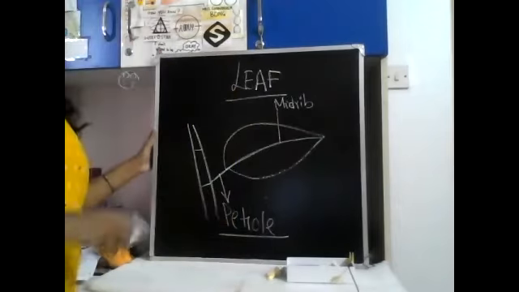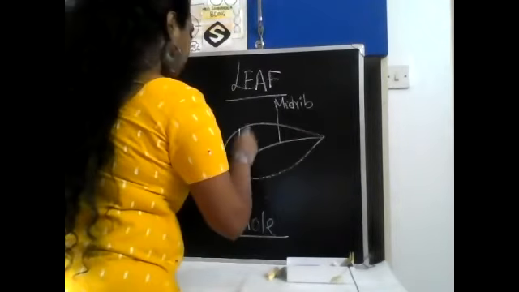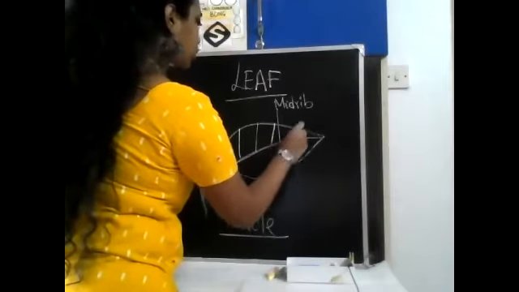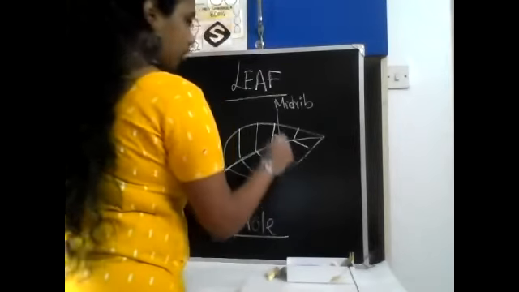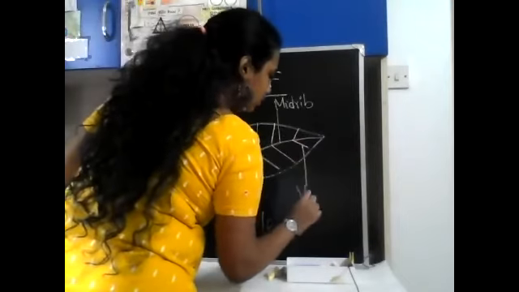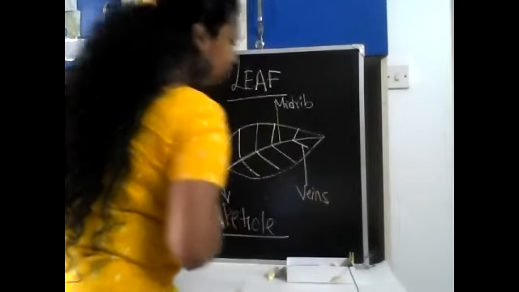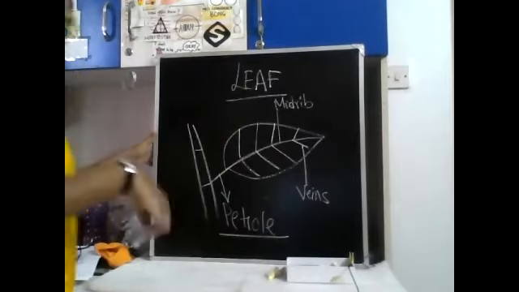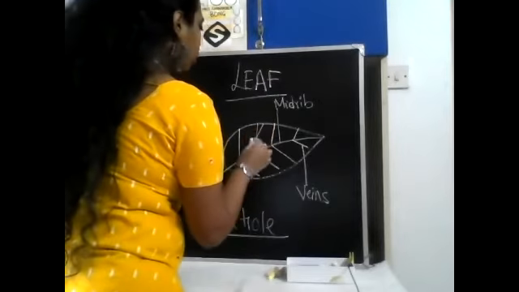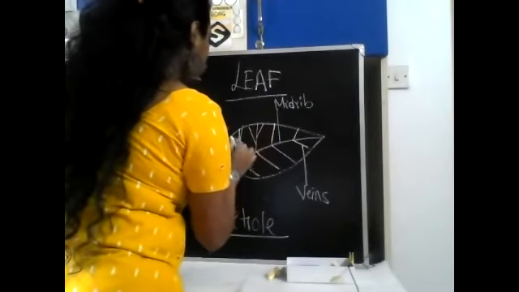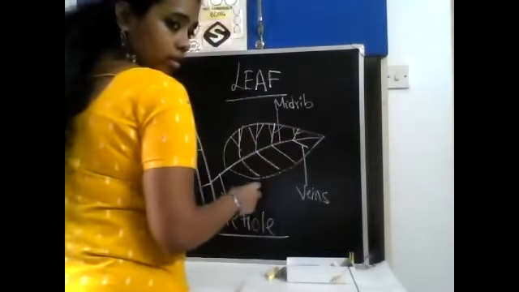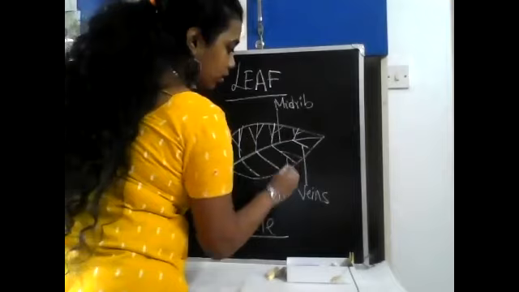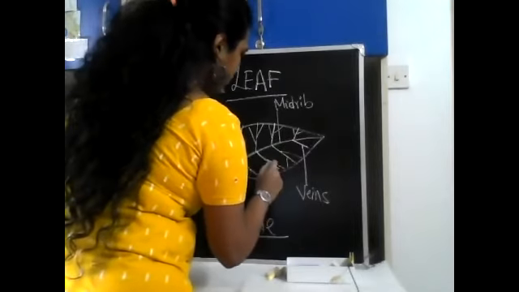This midrib will show the presence of branches, which we call veins, and these veins will show further branching, and those further branches are called veinlets.